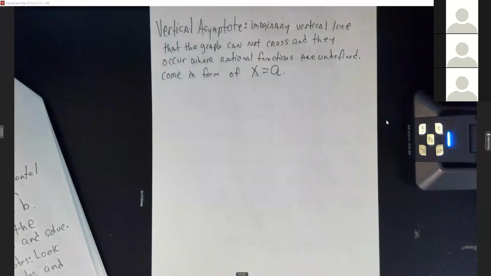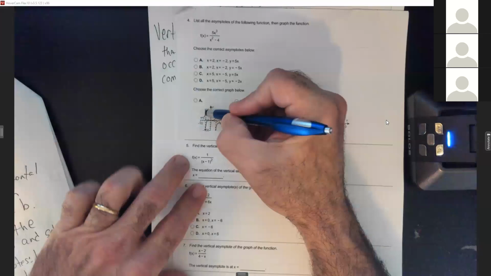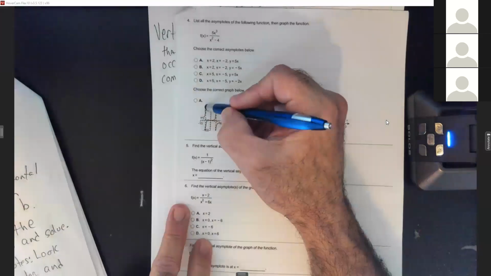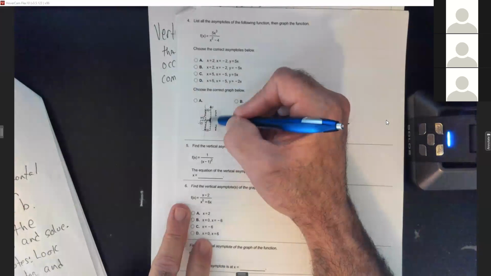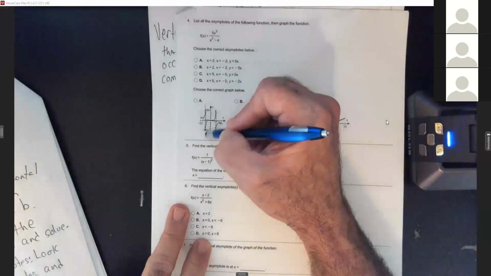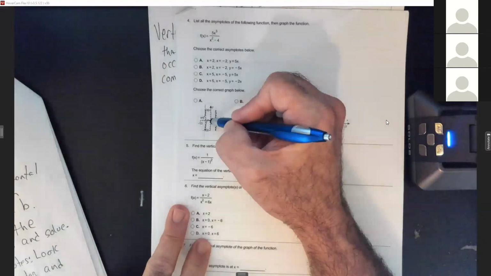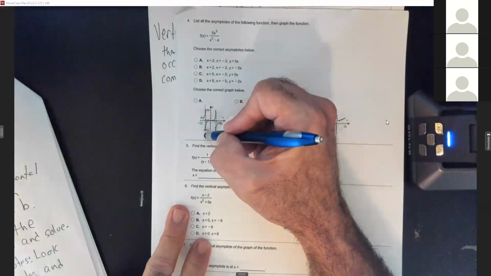So I think I got a picture here. Let me put it up here so y'all can sort of see these vertical asymptotes. So on this picture here, this little dotted line going down through here, that means that this function was undefined at that x value, and this graph cannot cross over the line. So what happens, on one side of the line, it'll head down towards -infinity.